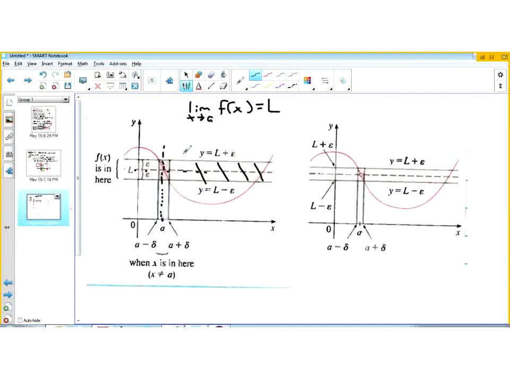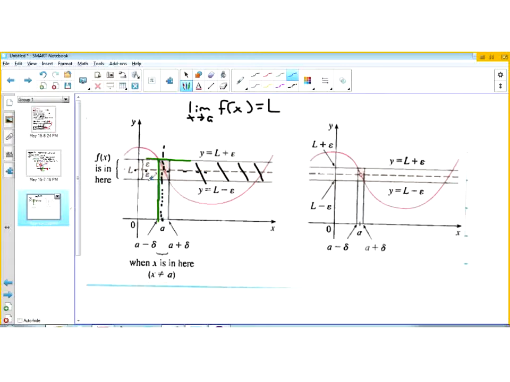Let's go back to this strip. Find where the upper boundary of this strip, let me shade it in green, intersects the function. From a geometric perspective, identify the upper bound of the strip and look at the point where it intersects the function. Now take this intersecting point and drop a perpendicular to the x-axis.